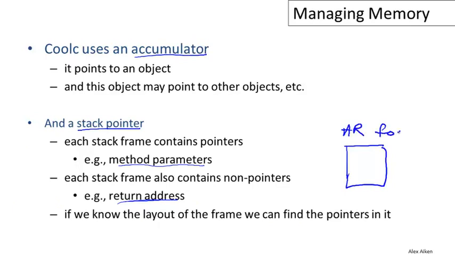So if we have an activation record for a method foo, and let's say that that activation record has 4 slots, then the compiler would need to keep track of which one of these were pointers to objects, and perhaps the second and the fourth element of the frame are always pointers to objects, and the other 2 are always non-pointers. So somewhere the compiler has to keep track of this information so that the garbage collector will know at runtime, when it's looking at an activation record for foo, where the pointers that it needs to follow are.